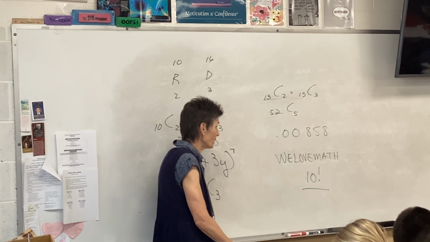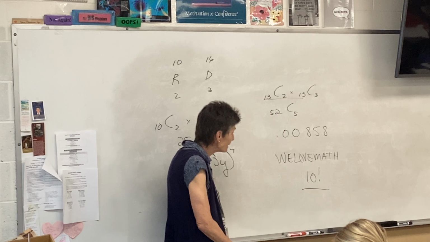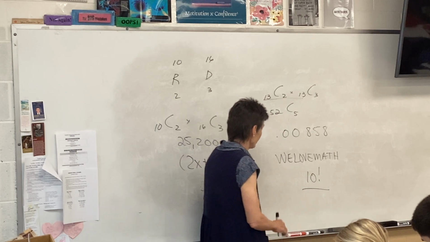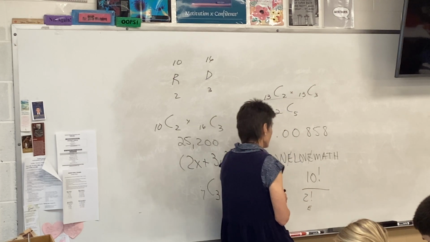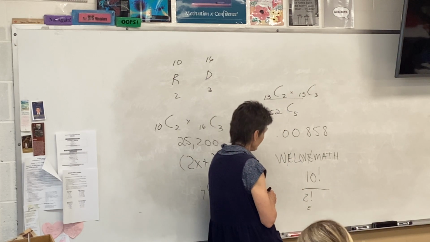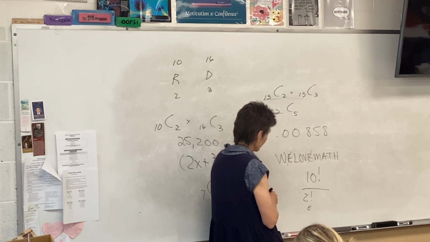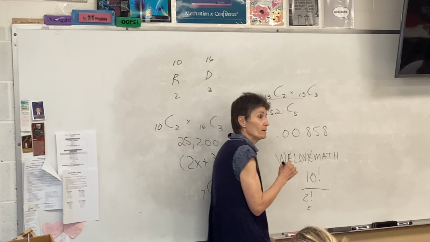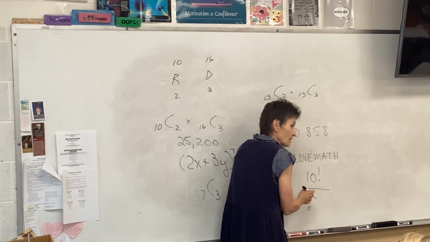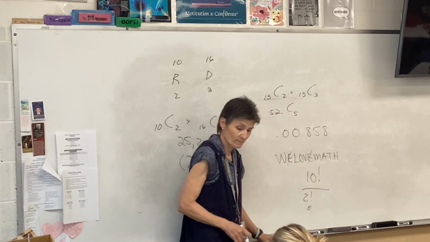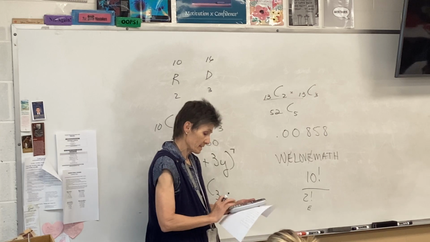And then we're going to divide by anything we have duplicates of. So I see 2 E's. Do you see anything? Okay. Remember, if there'd been 3 T's, I would divide by 3 factorial too, right? I divide by whatever I've got. This one's, that's it.